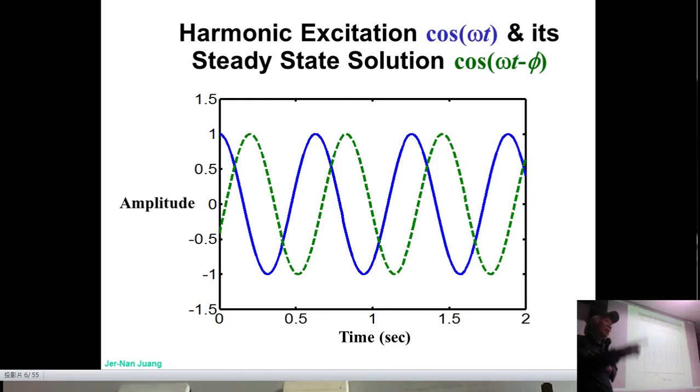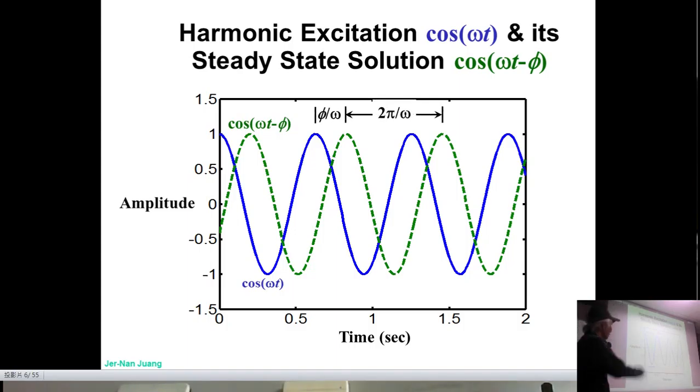I'm talking about phase phi now. The phase angle does have some physical meaning in it. Sometimes it's phase lead, sometimes phase lag. It depends on whether your cosine theta is positive or maybe negative and so on. We'll talk about that later too.